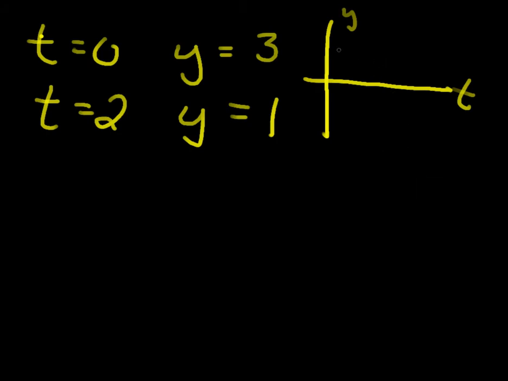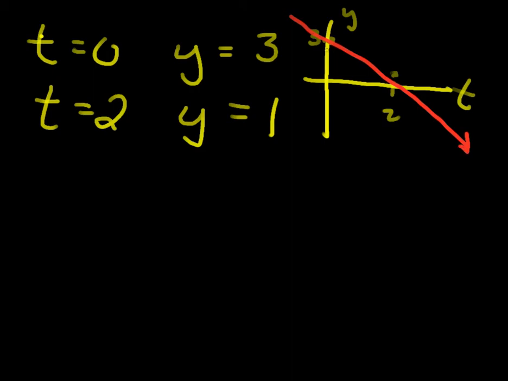So when t is 0, y is 3, so we're right here. And when t is 2, y is 1, and so we're right here. Similar to the previous problem, we know that our particle is moving, and the graph of its movement will look something like this.